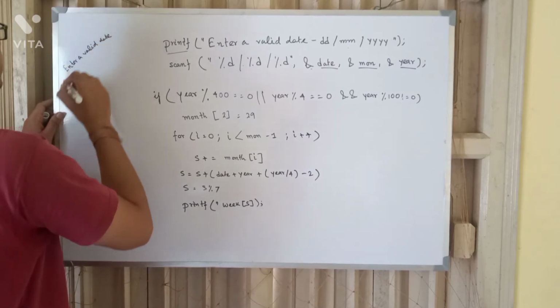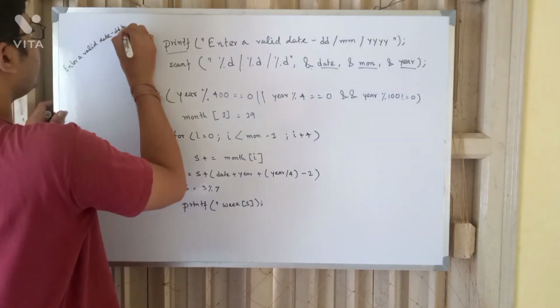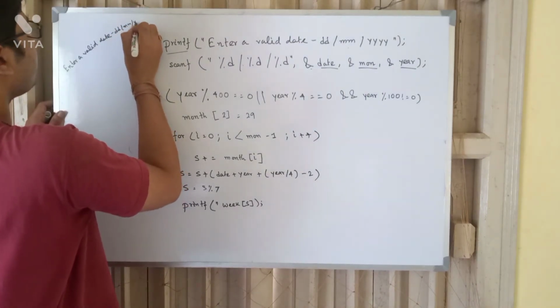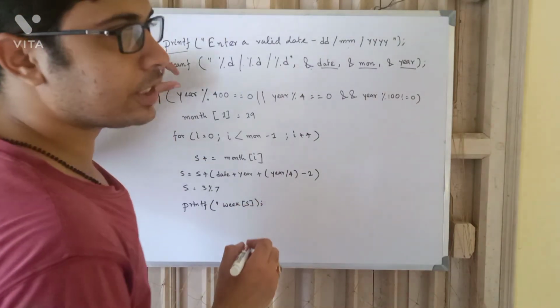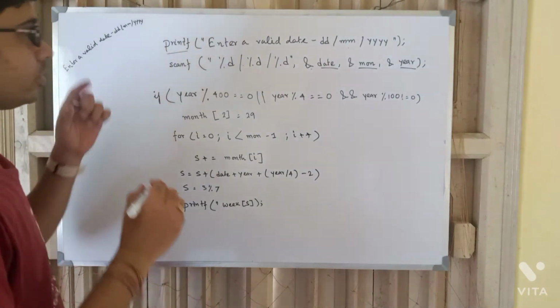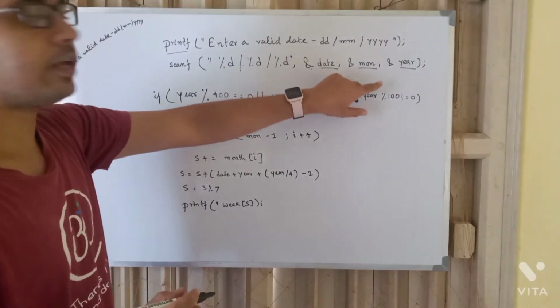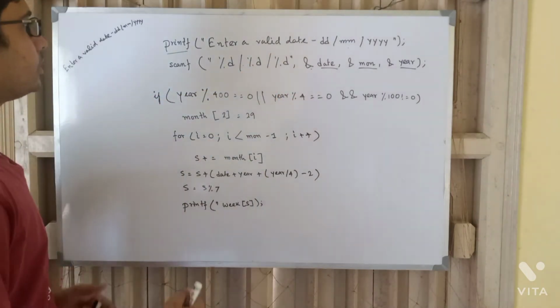That will be written on the screen. After the printf function, the scanf function is written. Then the cursor will blink like this, and the date, month, and year will be prompted. We have to input like this.